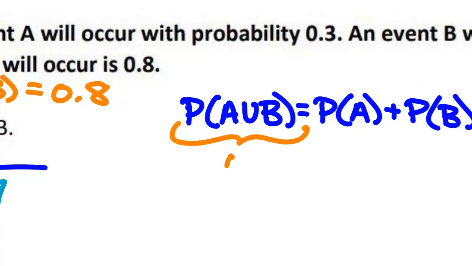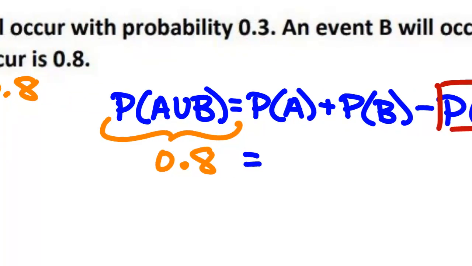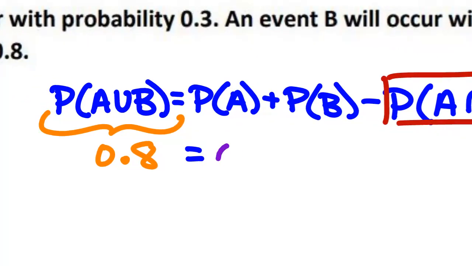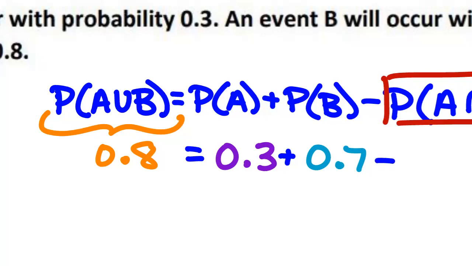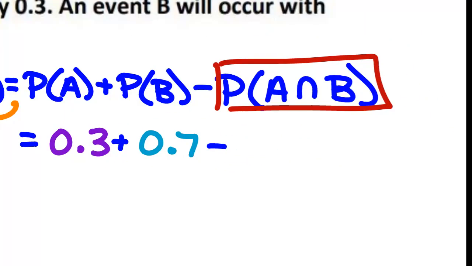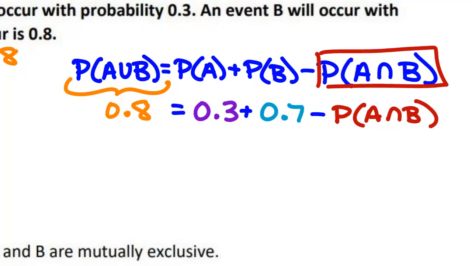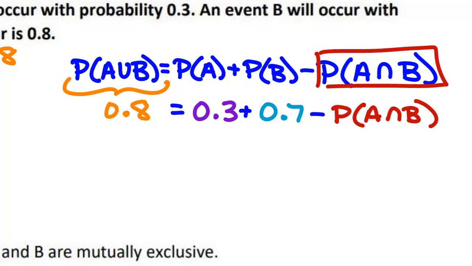Probability of A or B is 0.8. The probability of A is 0.3. The probability of B is 0.7. Minus this piece that I'm looking for, the probability of A intersect B. So I'm going to add those two together, 0.3, 0.7.